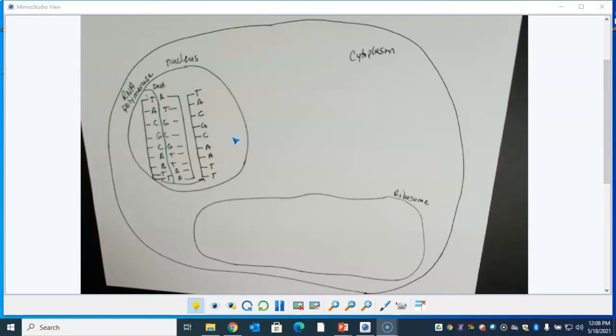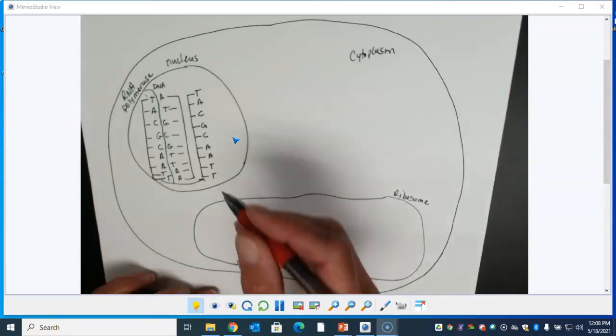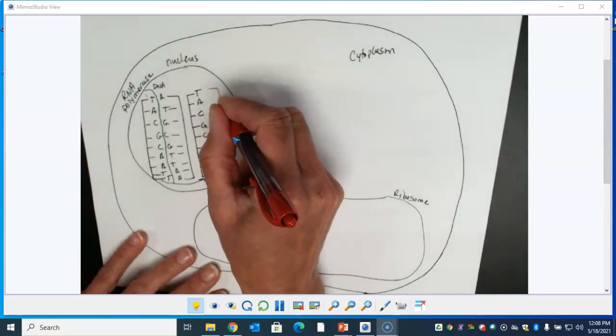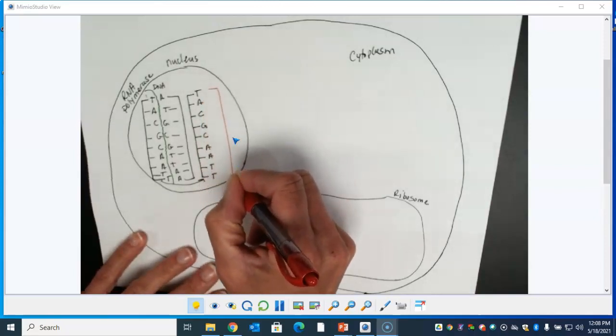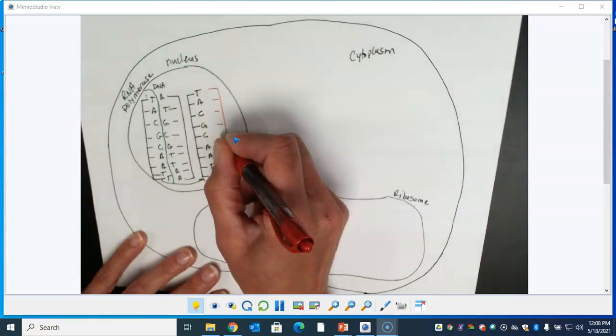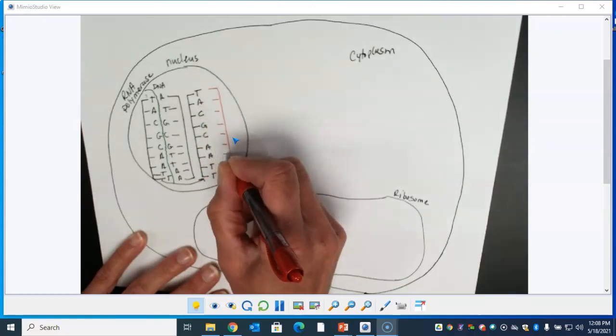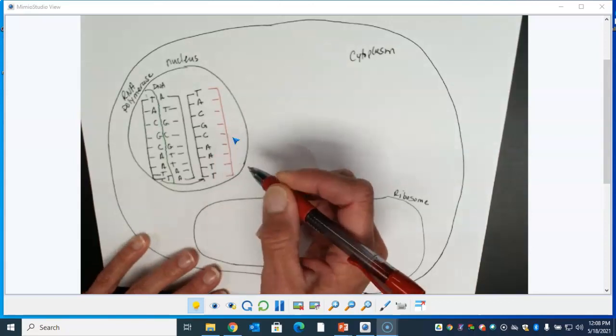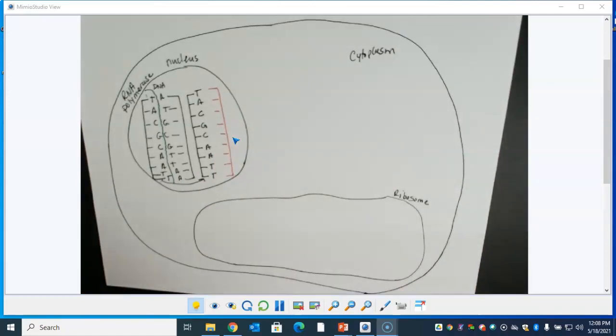Once the DNA molecule has been split in half, messenger RNA comes in and makes a copy. My messenger RNA, I'm going to do in a different color, is going to come in and make a copy of the DNA molecule. Now, a thing you have to remember is that there is no thymine. Anytime you have adenine, it matches up with uracil.